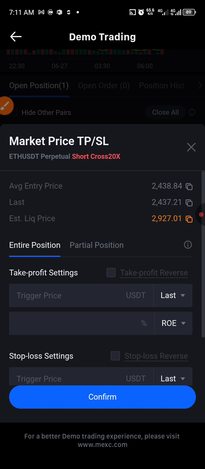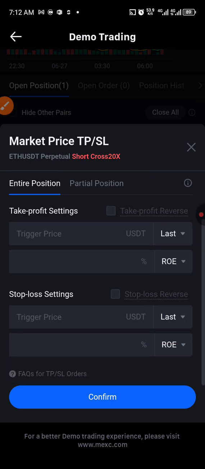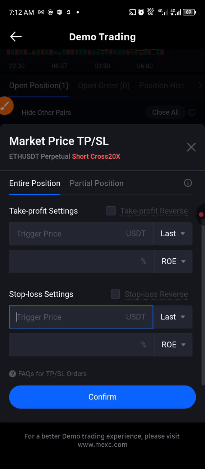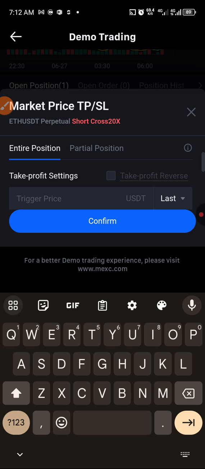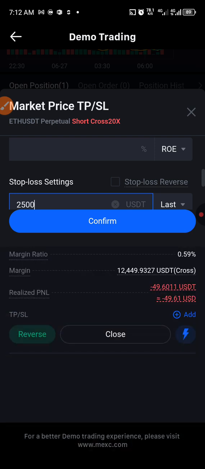So here I can decide to input my stop loss. But if I don't want to input it, I can decide to drag, but let me input it. My stop loss should be 2,500.